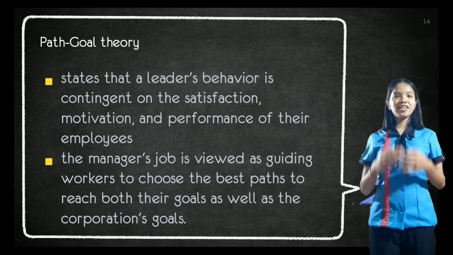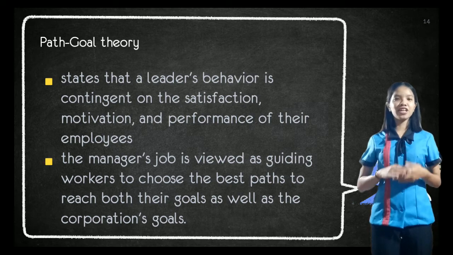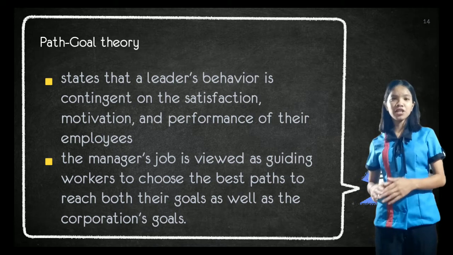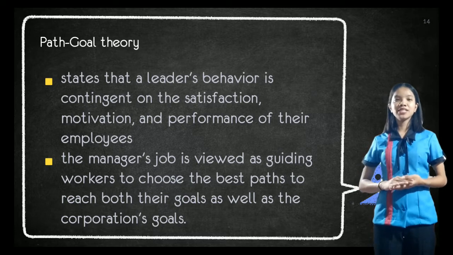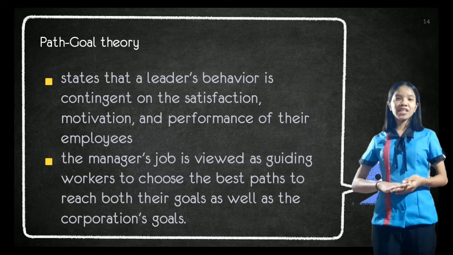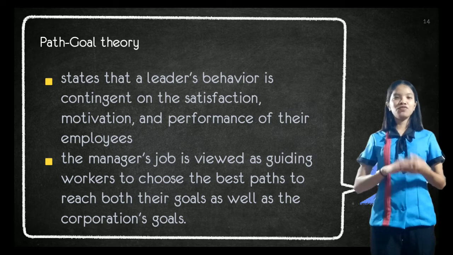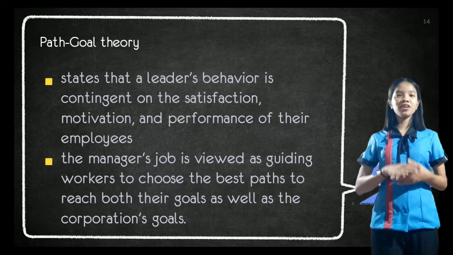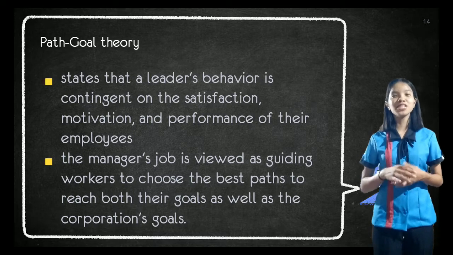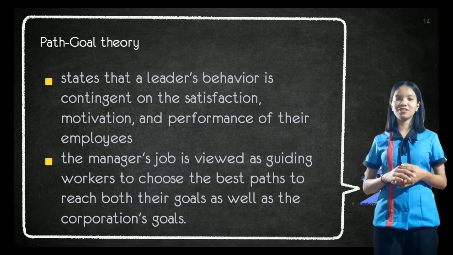Path goal theory. It states that a leader's behavior is contingent on the satisfaction, motivation, and performance of their employees. And other than that, the manager's job is viewed as guiding workers to choose the best path to reach both their goals as well as the corporation's goals.